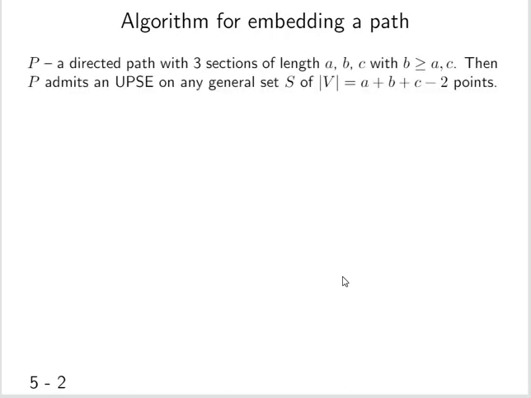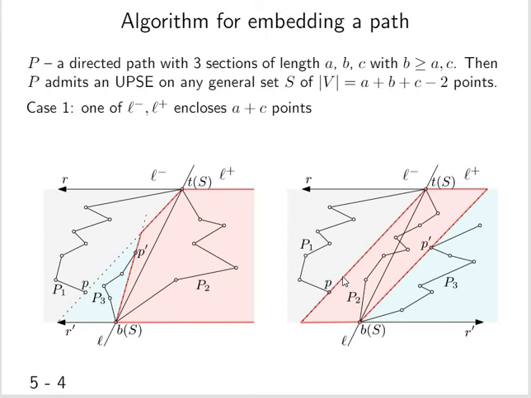The other result I wanted to briefly talk about is the algorithm for embedding a path. Again, we have a path of 3 sections, such that the middle section is longer than the other 2. So we consider a line going through B and T, the bottommost point and the topmost point of our point set, and the half planes that correspond to that line.